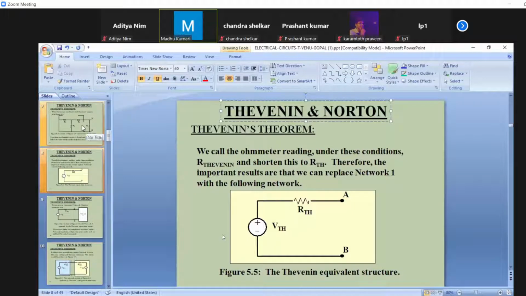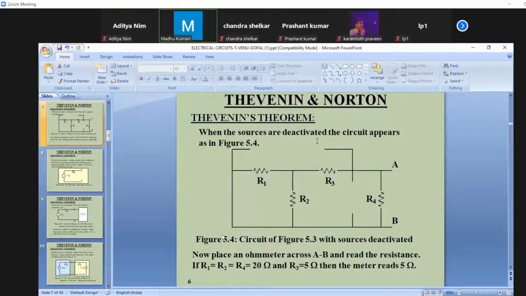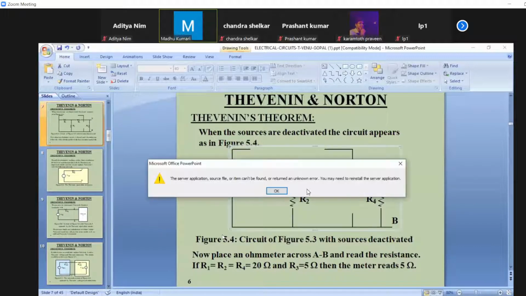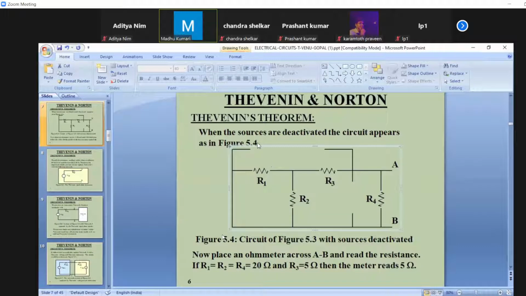In the first slide, this point is open, it means there is a current source. This point is open, it means it has a current source. This one is short circuited, it means there is a voltage source.